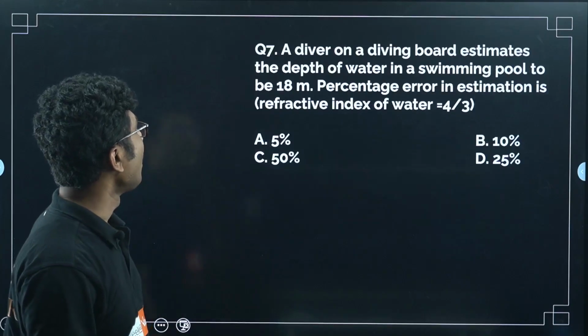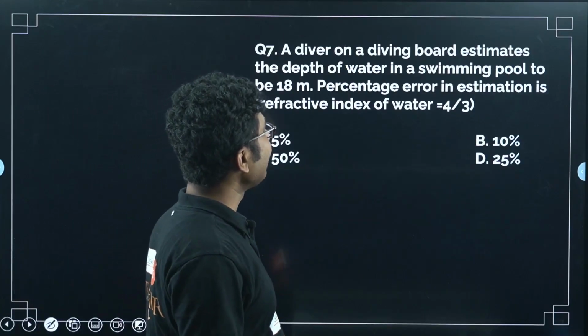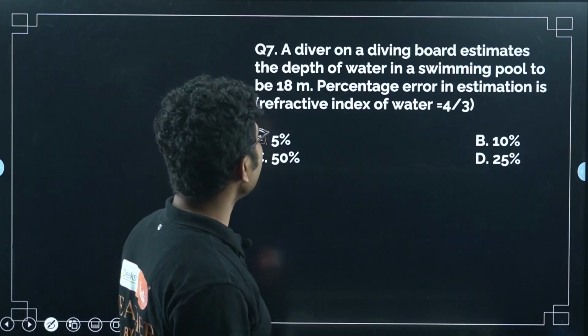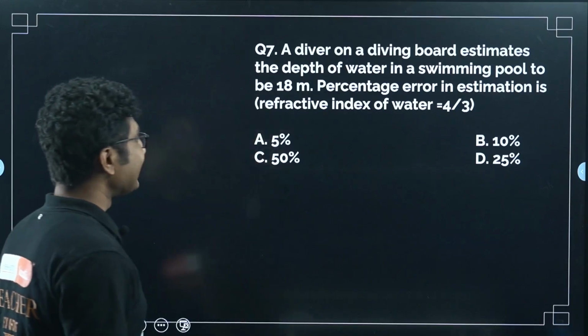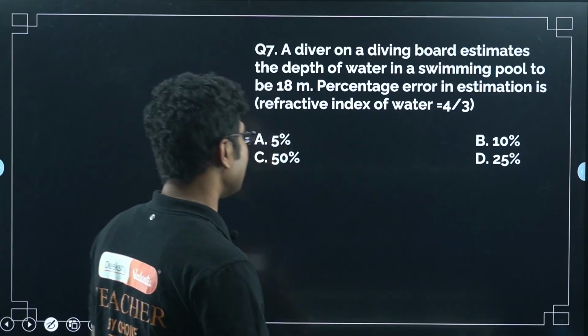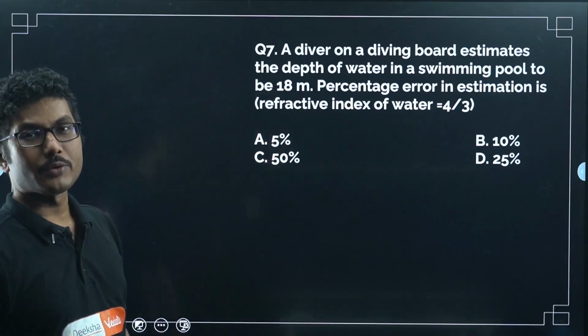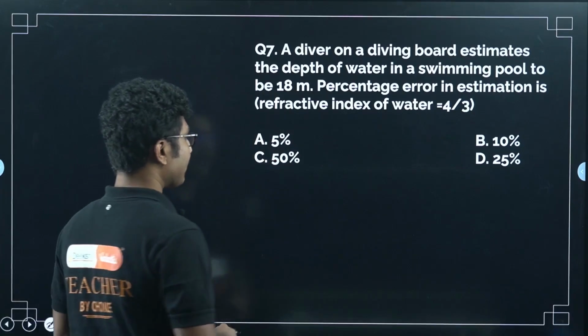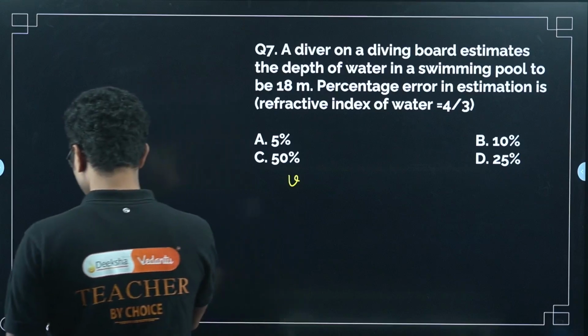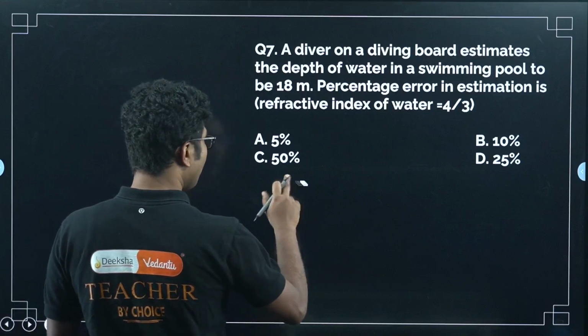Now, a diver on a diving board estimates the depth of water in a swimming pool to be 18 meters. The percentage error in the estimation is, the refractive index of water is 4/3. First of all, we have to find the actual depth. We already told you the formula, U by V is equal to mu.